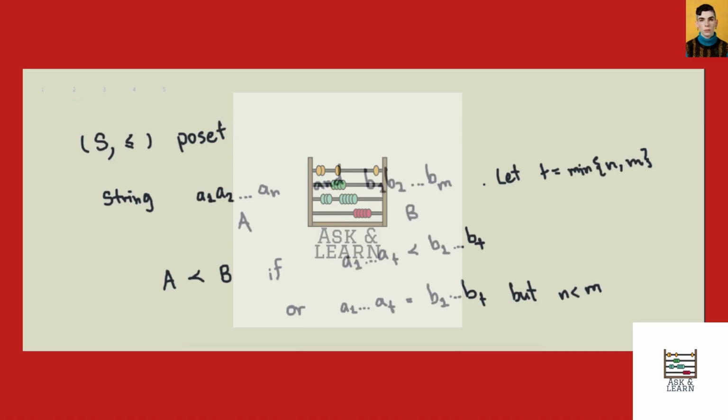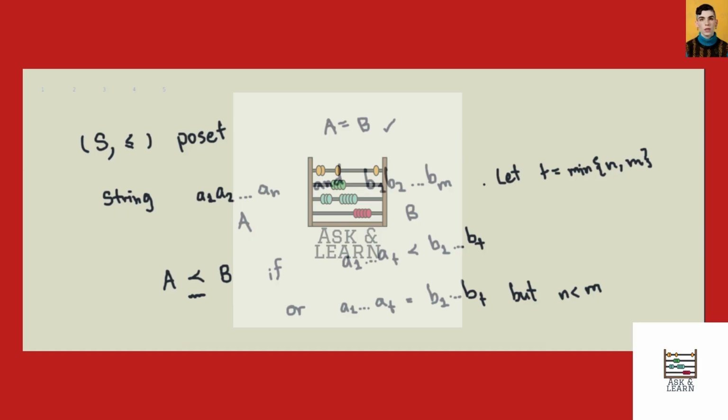For strings A and B, I will call them A1 to AN, and B1 to BM. The way we compare two words is that first, if they are equal, so they are the same, then we are done. We have A and B related. The other way is that one is strictly less than the other.